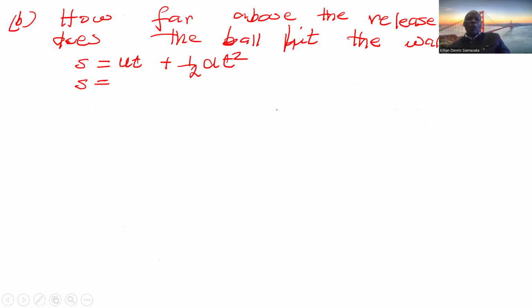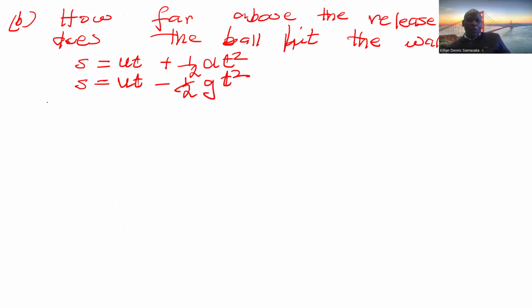And therefore, we can substitute here for the initial velocity. We have initial velocity times time, and the motion is against the acceleration due to gravity, so it will be minus half g t squared.